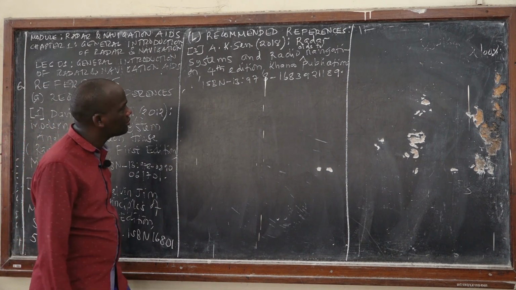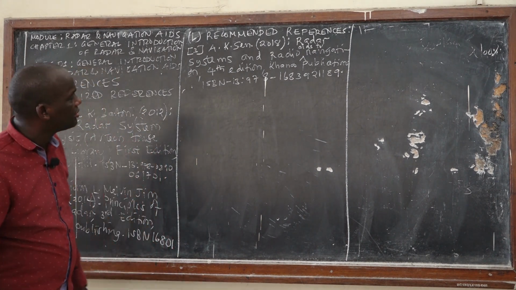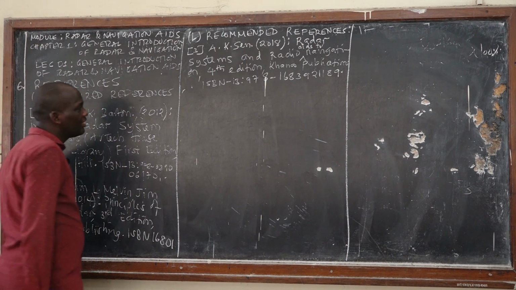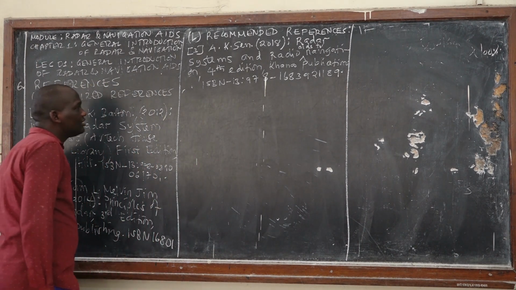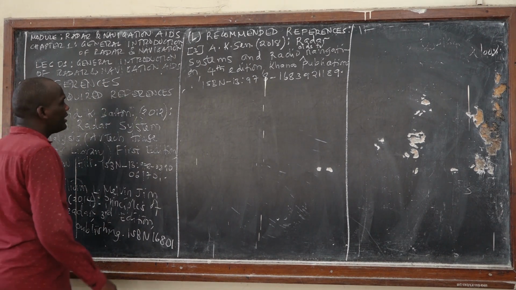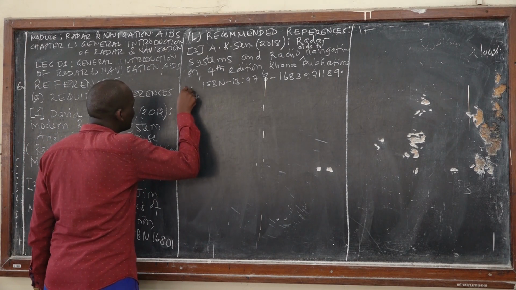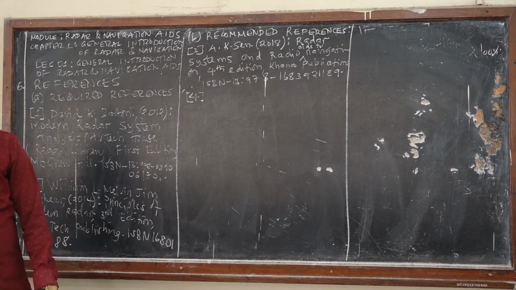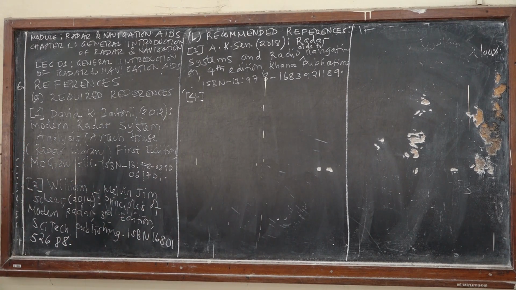Kana Publication. ISBN 1319783921189. Yes. Good. I'll finish the first reference book until the end of lecture 1.